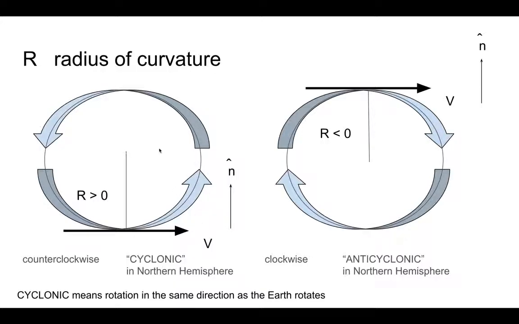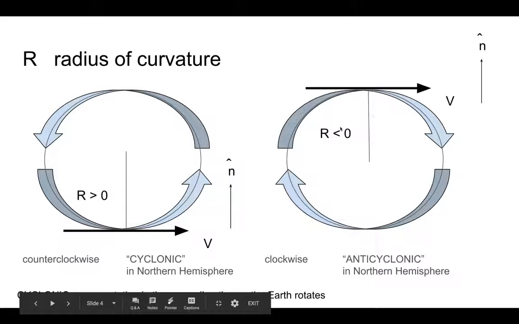And so if we're standing on the North Pole and observing the rotation of the Earth, we would notice that it's rotating in a counterclockwise fashion. And so any flow curvature that is counterclockwise we call cyclonic in the northern hemisphere. And then the opposite would be anticyclonic. So clockwise turning is anticyclonic in the northern hemisphere.